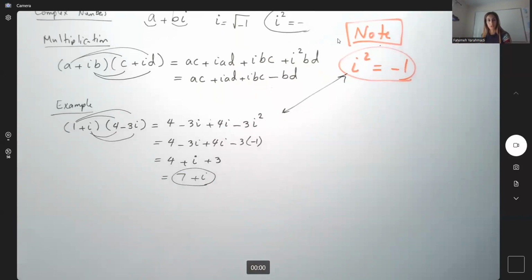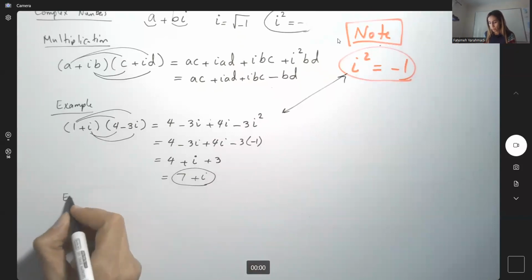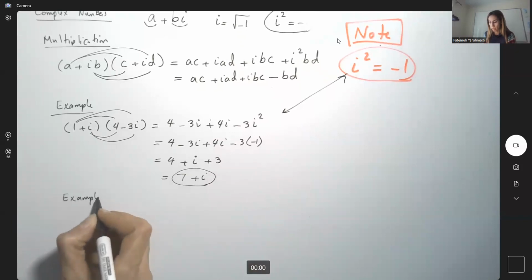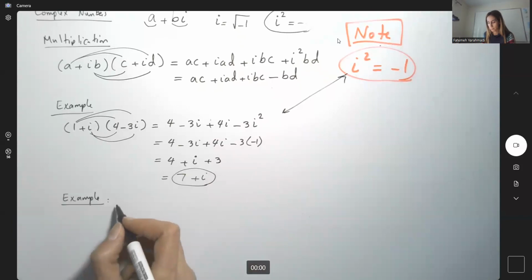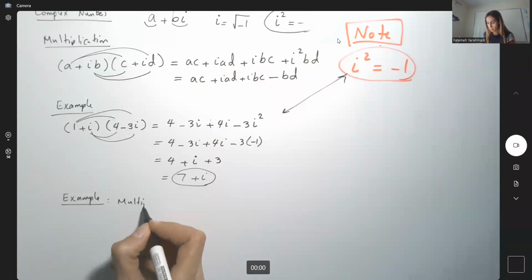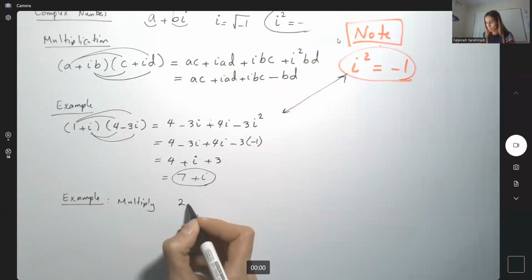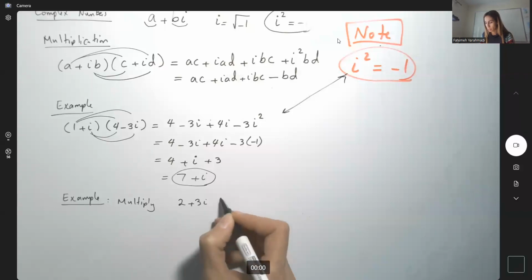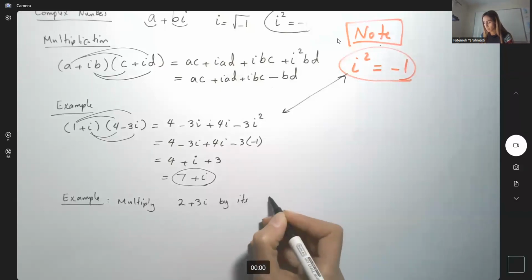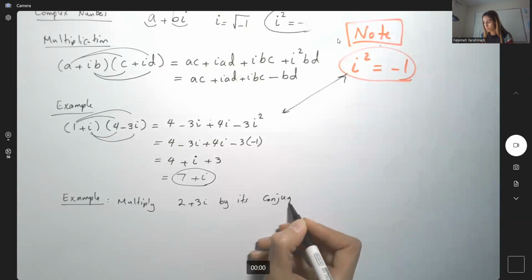Another example for you. Suppose I ask you to multiply conjugates. Multiply 2 plus 3I by its conjugate.